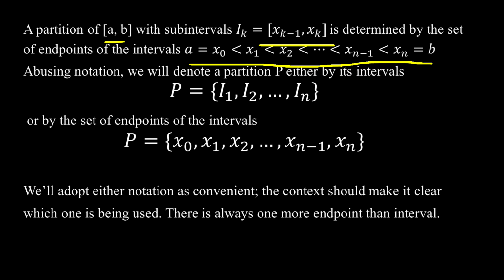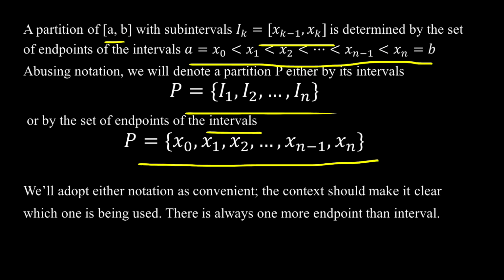We can now introduce a notation where we denote the partition P either by its intervals, or by the set of endpoints of the intervals, x_0, x_1 and so on. We can just mix them this way. We will adopt either notation, so that we don't have a problem with notations. We are using P here just for convenience.